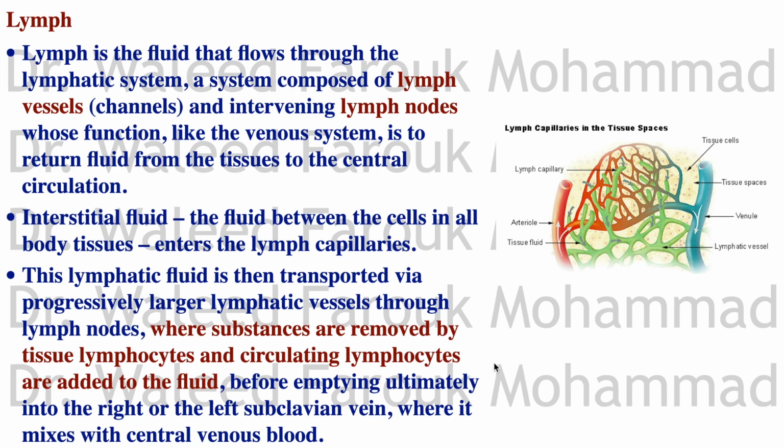It collects the interstitial fluid between the cells of the body tissues and propagates it to lymph nodes, where substances are removed by tissue lymphocytes, and circulating lymphocytes are added to the fluid before emptying eventually into the venous system.